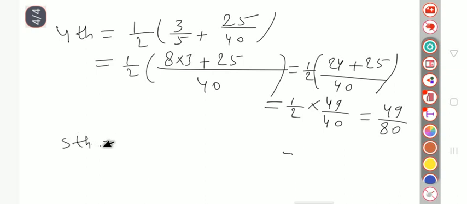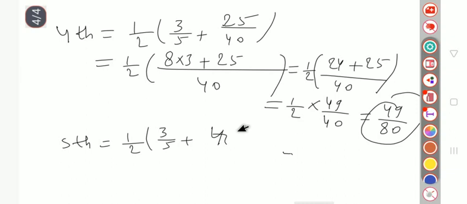So what is the fifth? 1 upon 2, A you can take 3 upon 5, plus B you can take this one, 49 upon 80.